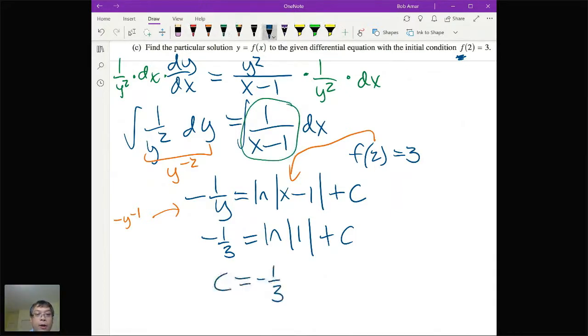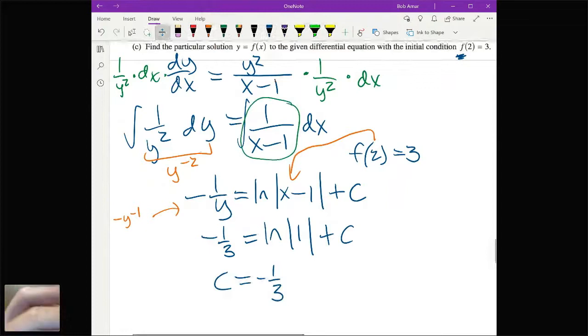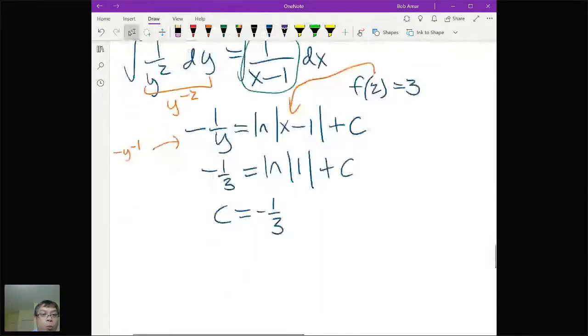And so we have to now ask ourselves what our solution should be. This is a good way to end. We have negative 1 over y equals ln of x minus 1 minus 1/3.